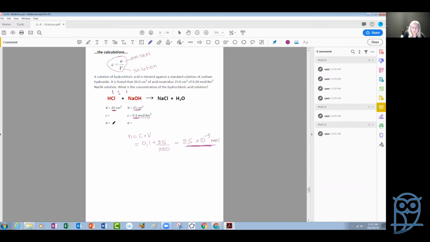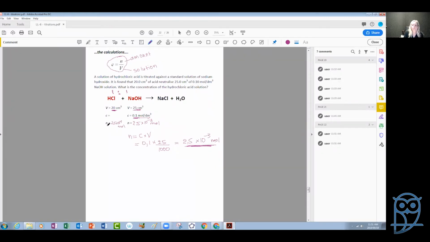So this is also, in other words, the same n here. We found that this is 2.5 times 10 to the power of minus 3 moles. The same moles will be there, 2.5 times 10 to the power of minus 3 moles as well.